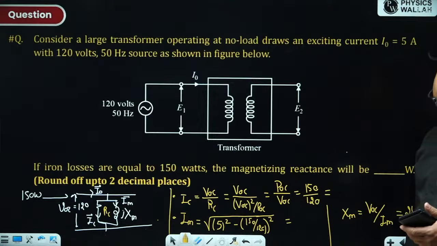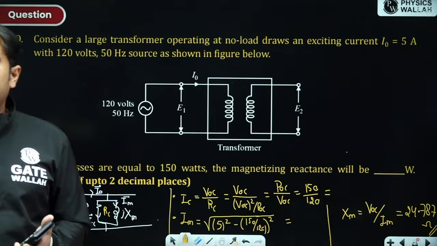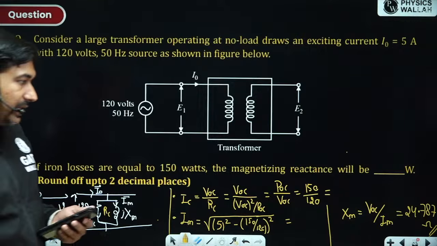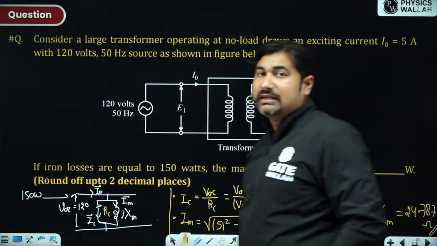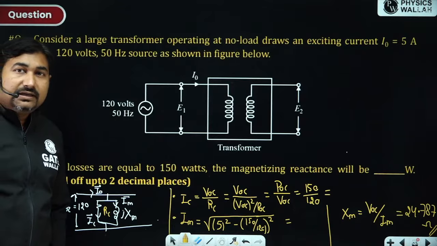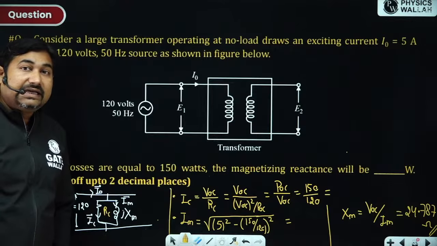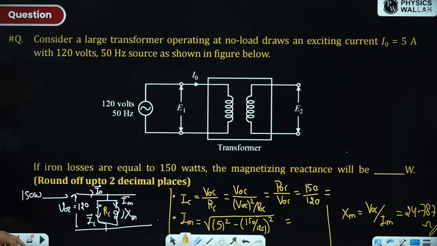Please let me know by writing in the comment section. Mohammed, Mohit Kumar, you have made some calculation mistake, so please go through the calculation again. Maybe you have calculated psi instead of psi plus delta in the last question. Okay, now come to the next one.